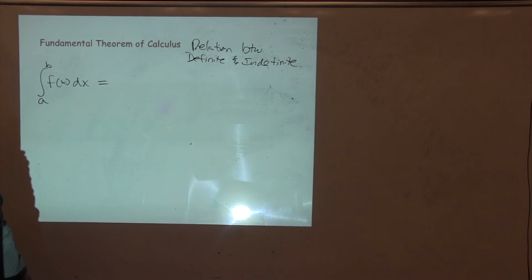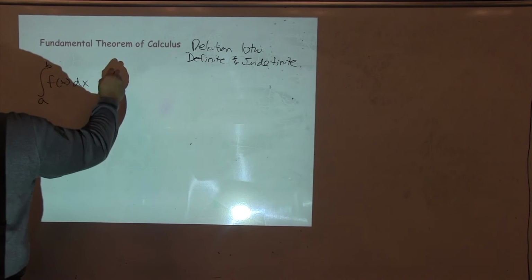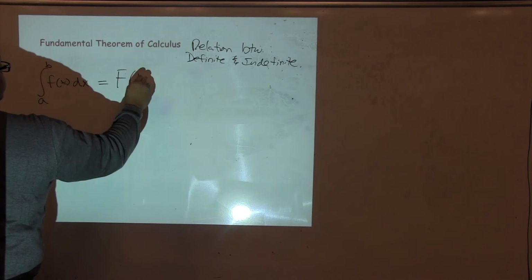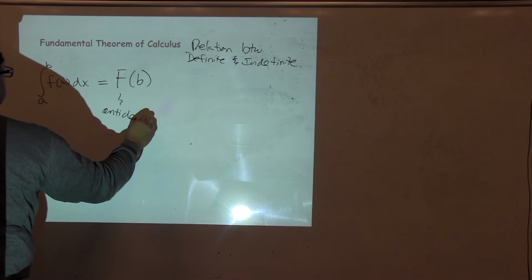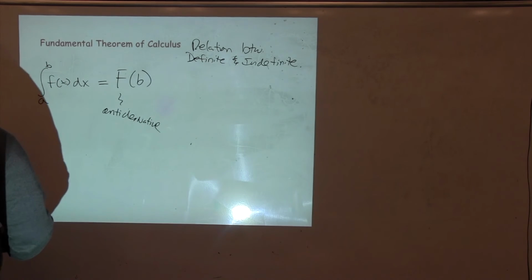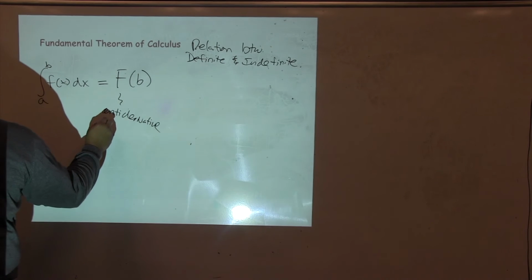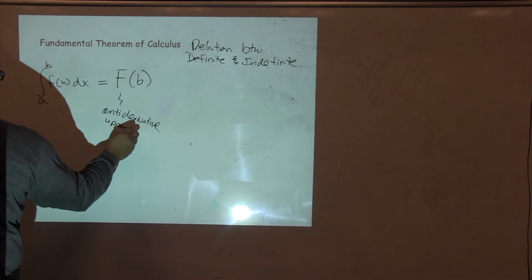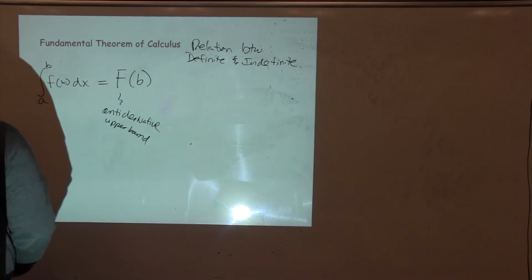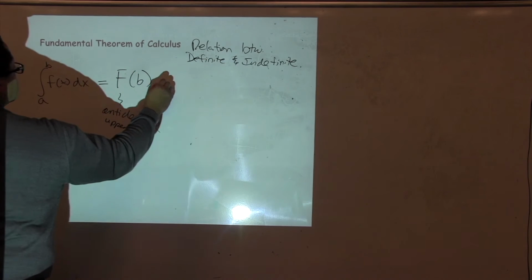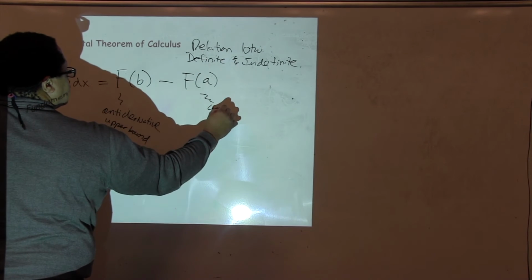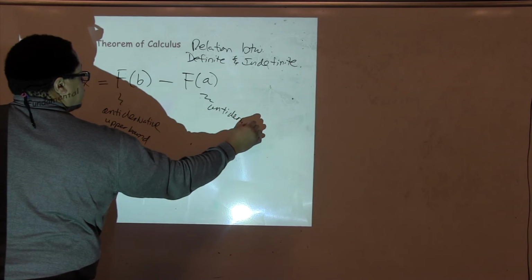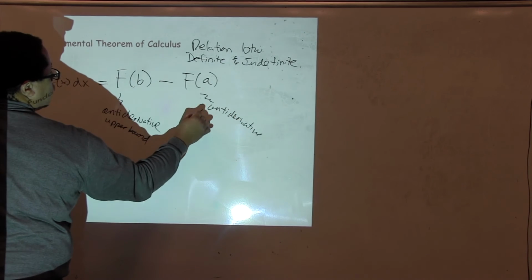The definite integral is equal to the antiderivative, or the indefinite integral, at the upper bound, and you subtract from that the antiderivative at the lower bound.